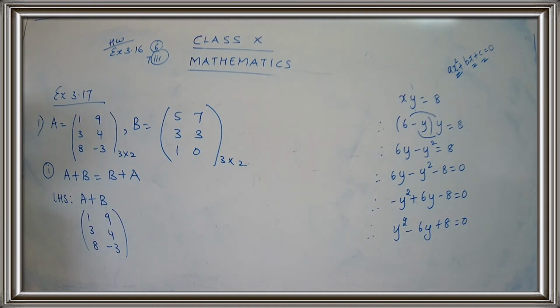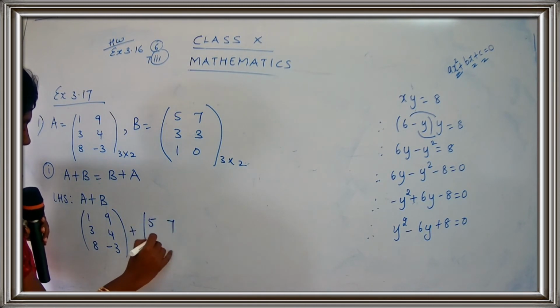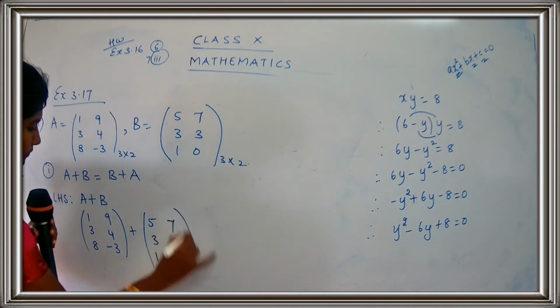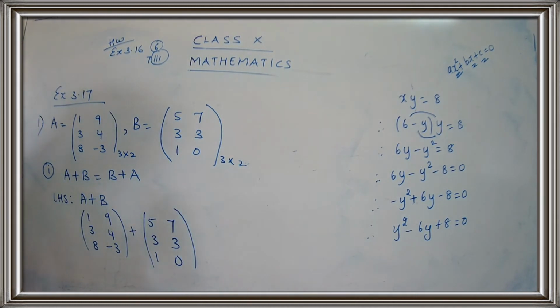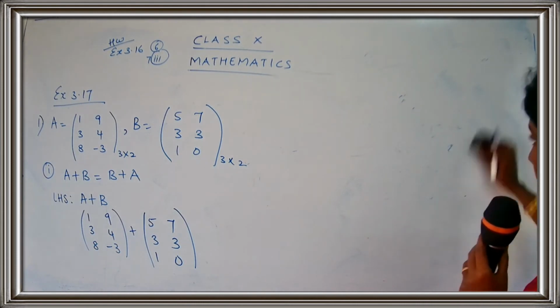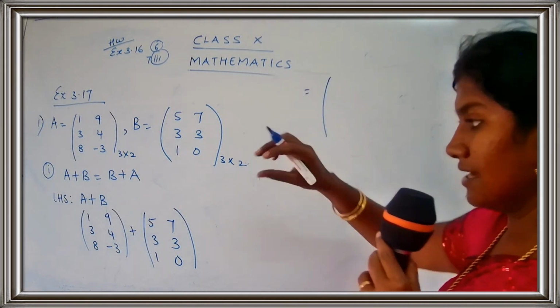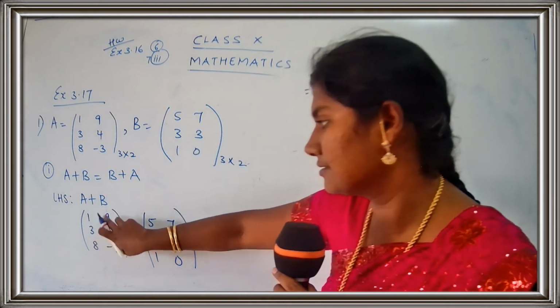Now insert the value for B. What is the value for B? 5, 7, 3, 3, 1, 0. So we are going to add these two; it is very easy. You have to add the corresponding elements, children.